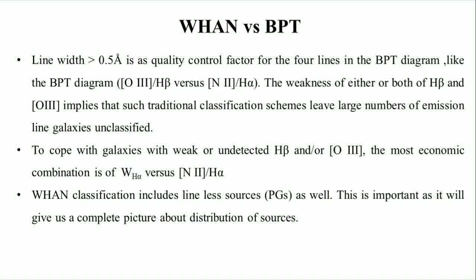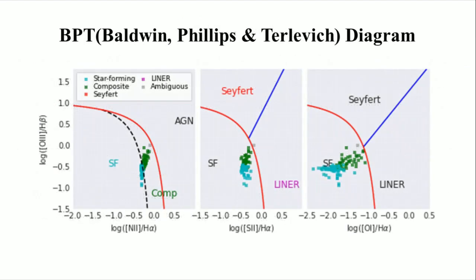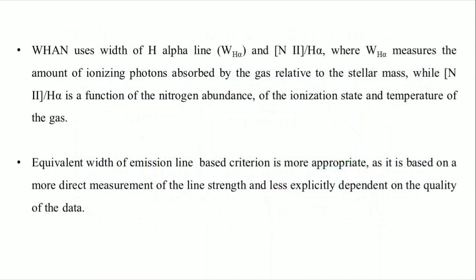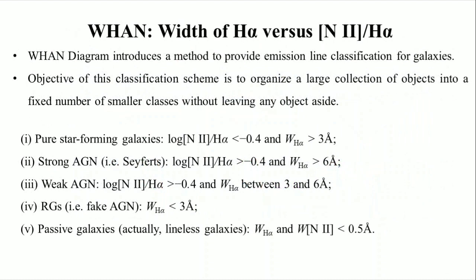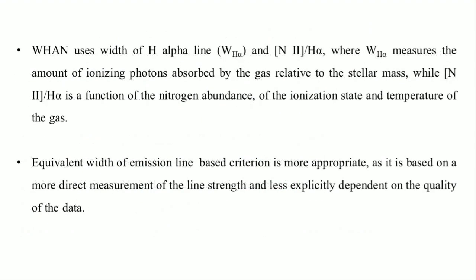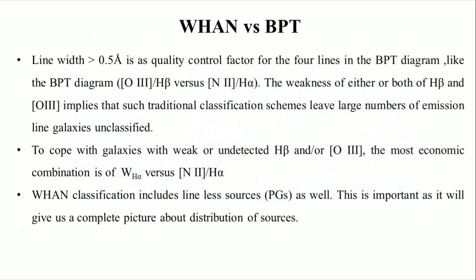And if you see the BPT emission line classification, one thing you would see is that it doesn't include galaxies which don't have emission lines, whereas in the scheme we saw, the WHAN diagram has a way to include passive galaxies, which are actually lineless galaxies. So when we include lineless galaxies in an emission line classification scheme, we are actually including all the sources.